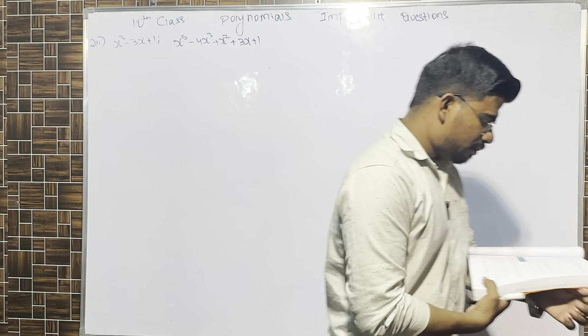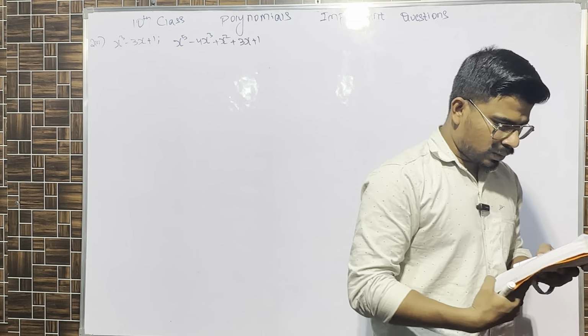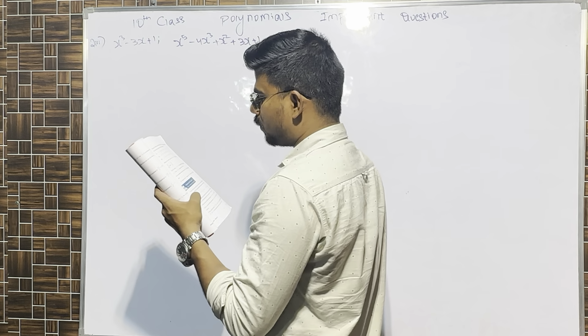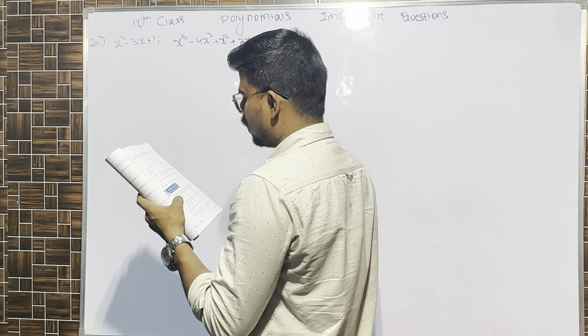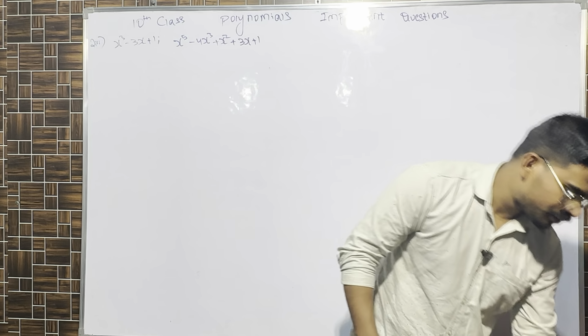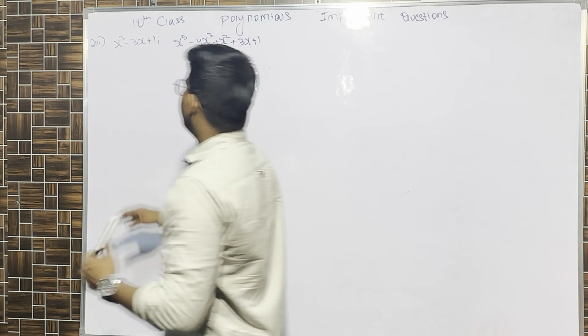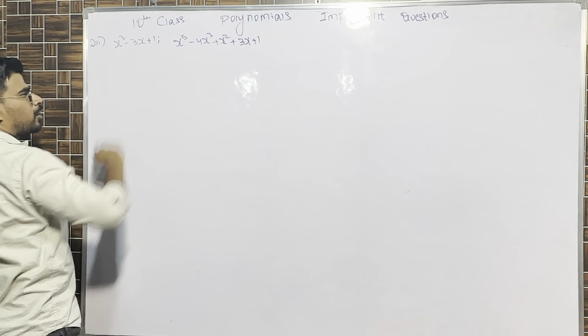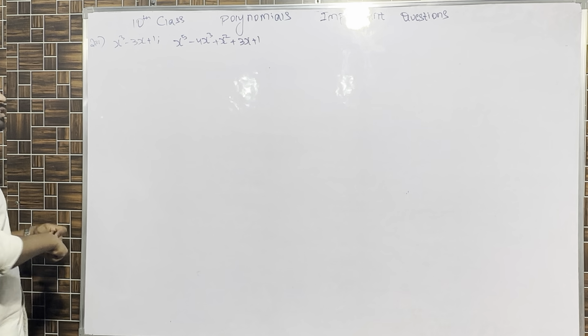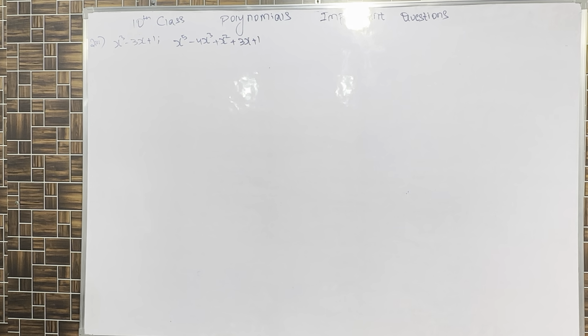All right, here we have to check whether this is a factor of this polynomial. We just have to jump directly to the division. We just have to divide it and check if it is divisible or not.